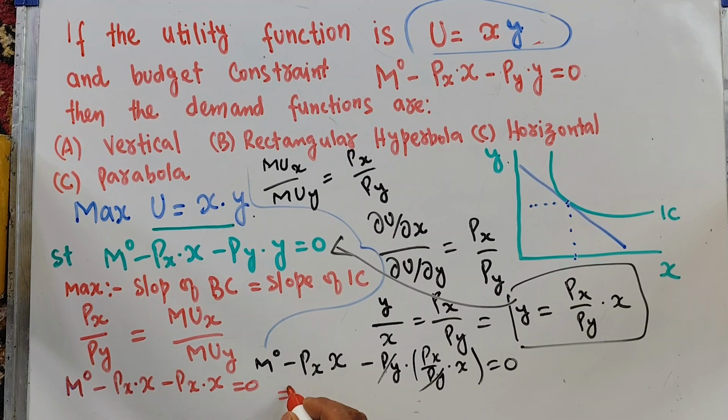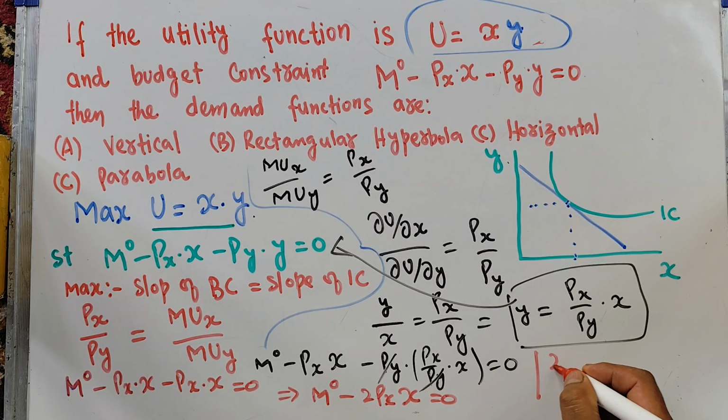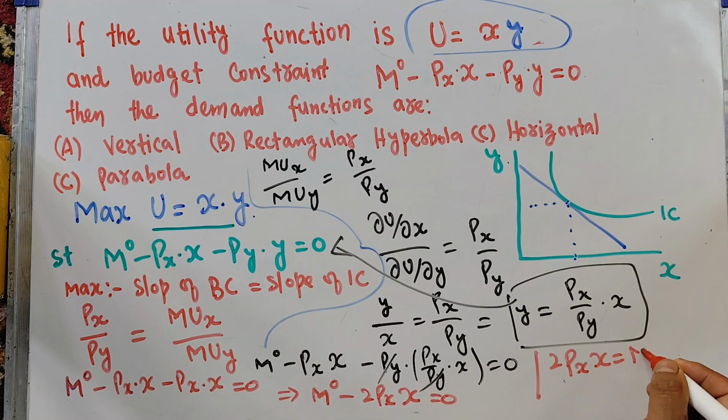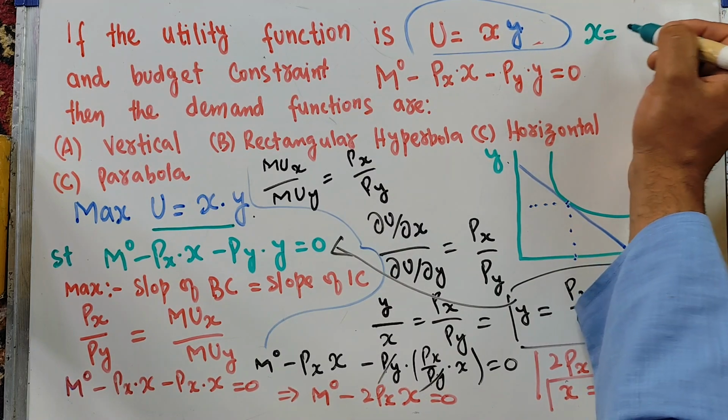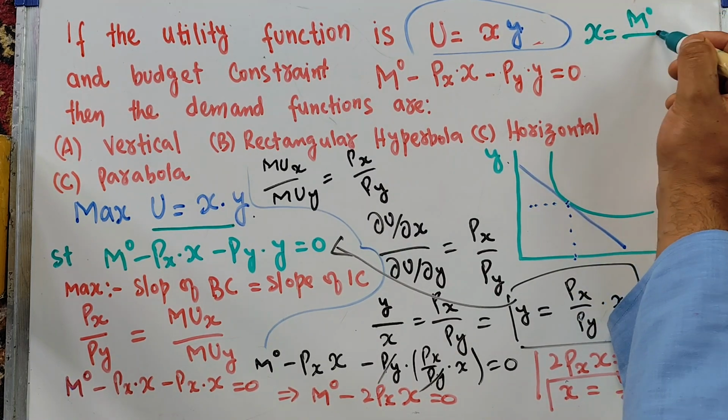These are like terms, so we can add them: m naught minus twice px into x is equal to 0, which implies x is equal to m naught upon twice px. So this is the demand function for good x. Let me write it here: the demand function for good x is m naught upon twice px.